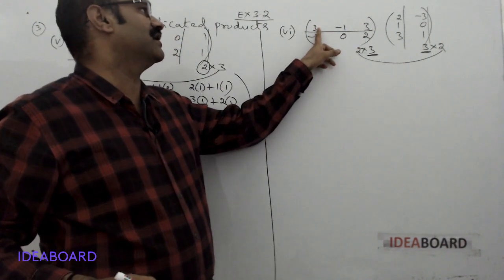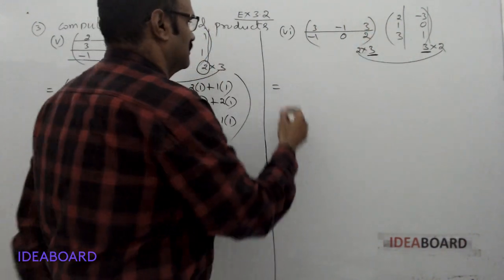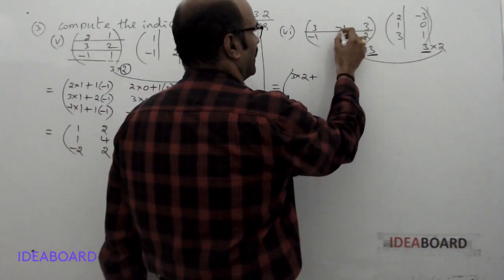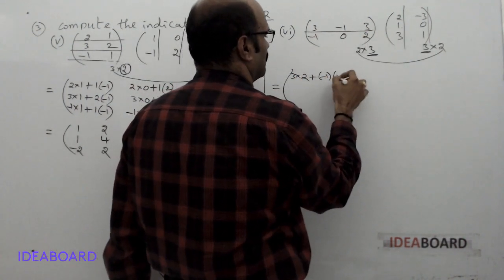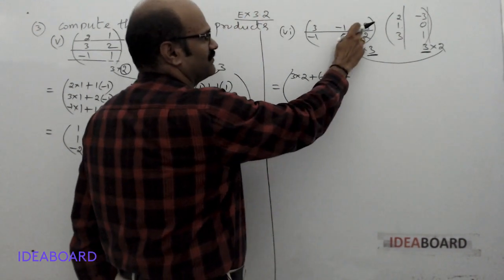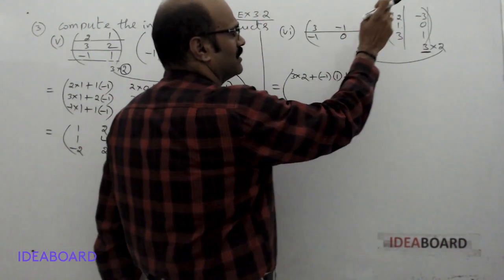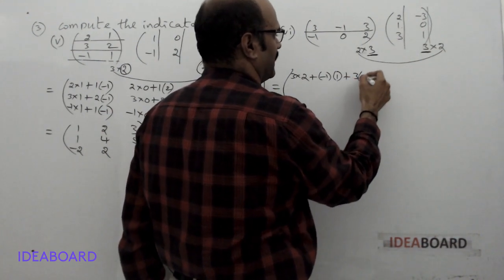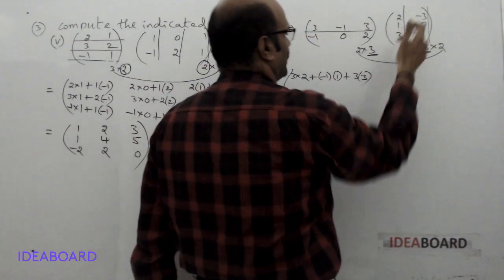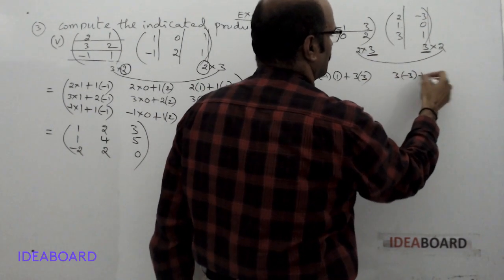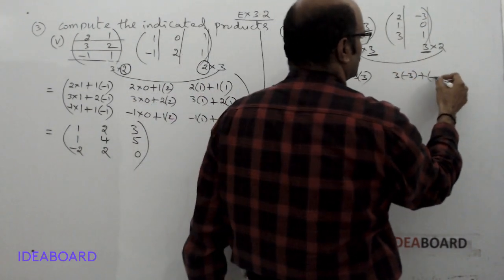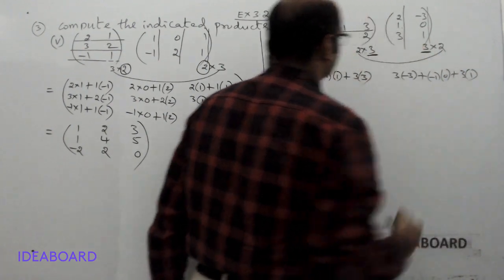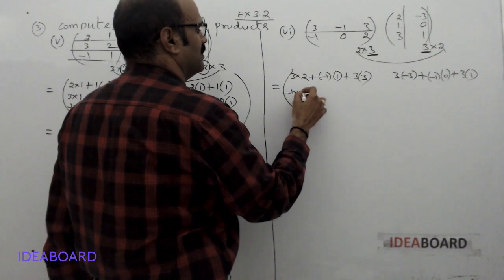The corresponding element of 3 is 2 here. 3 into 2 plus minus 1 into 1 plus the corresponding element of 3 in the first row, which is 3 in the first column. So 3 into 3. 3 into minus 3 plus minus 1 into 0 plus 3 into 1.